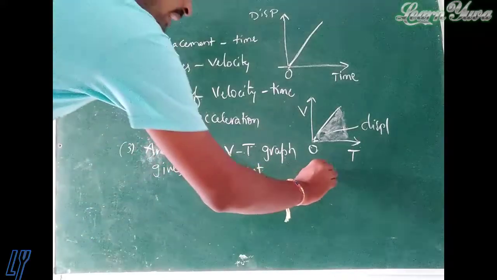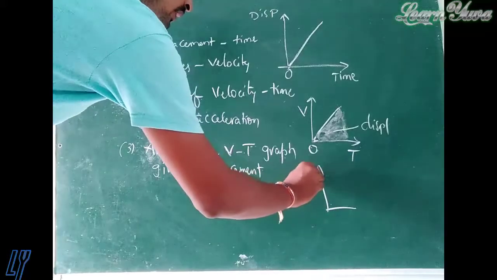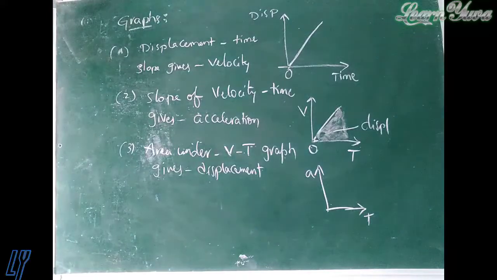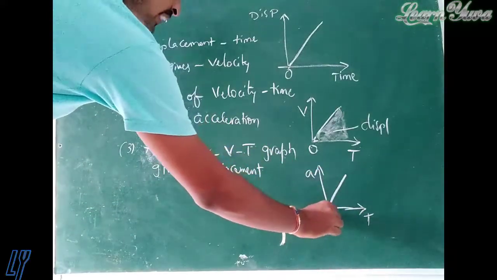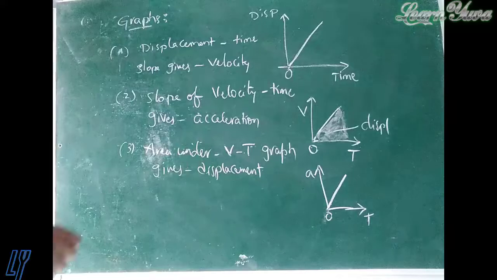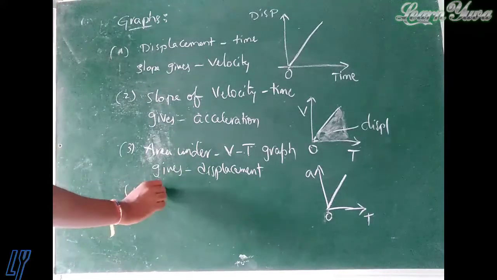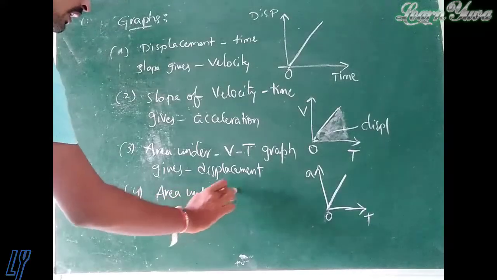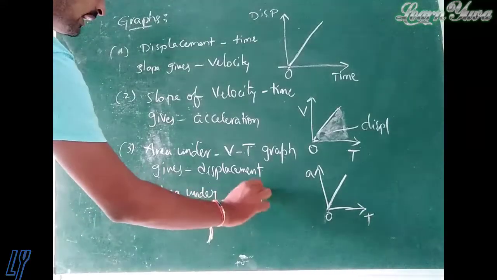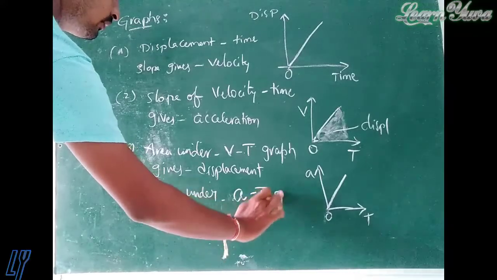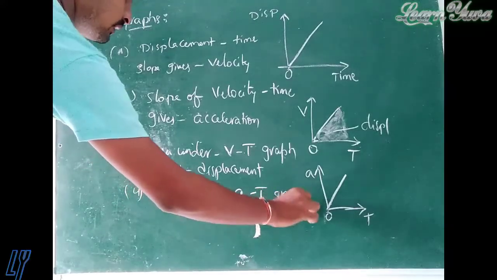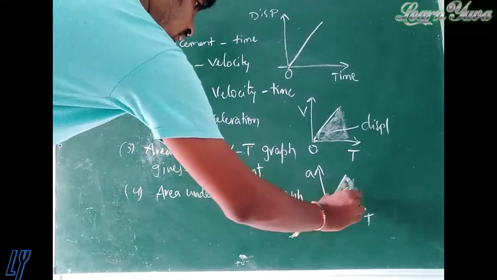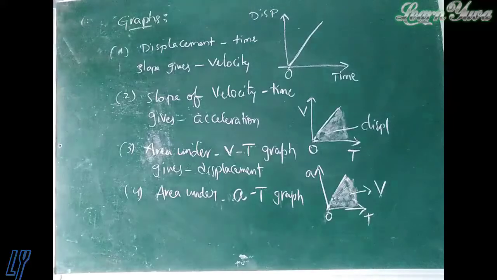If we draw the graph for acceleration and time, suppose the graph is a line starting from the origin. The area under the acceleration-time graph gives the velocity.